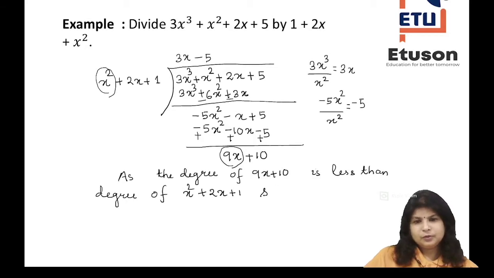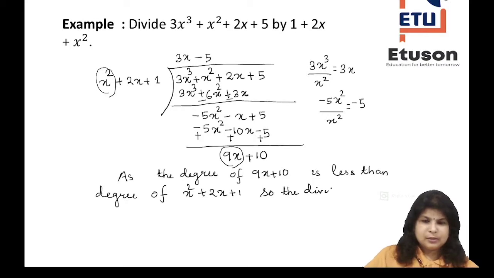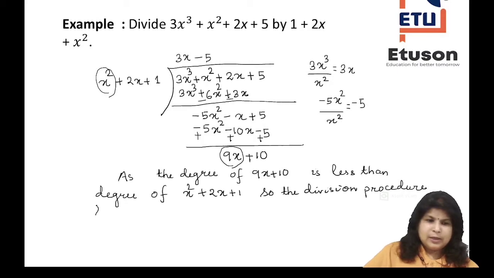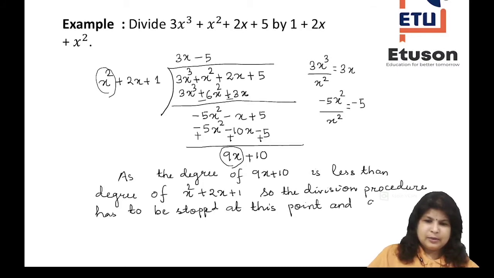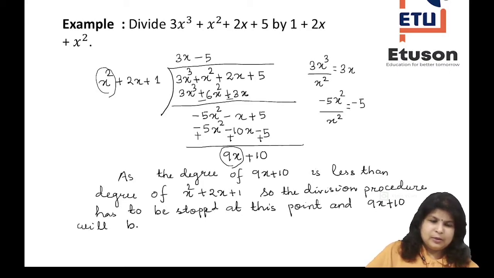So the division procedure has to be stopped at this point, and 9x plus 10 will be the remainder.